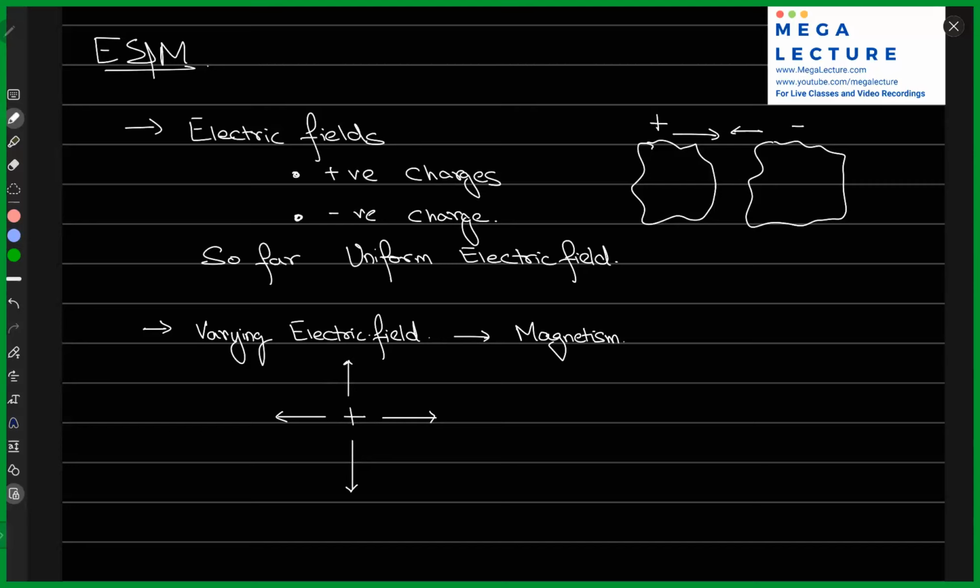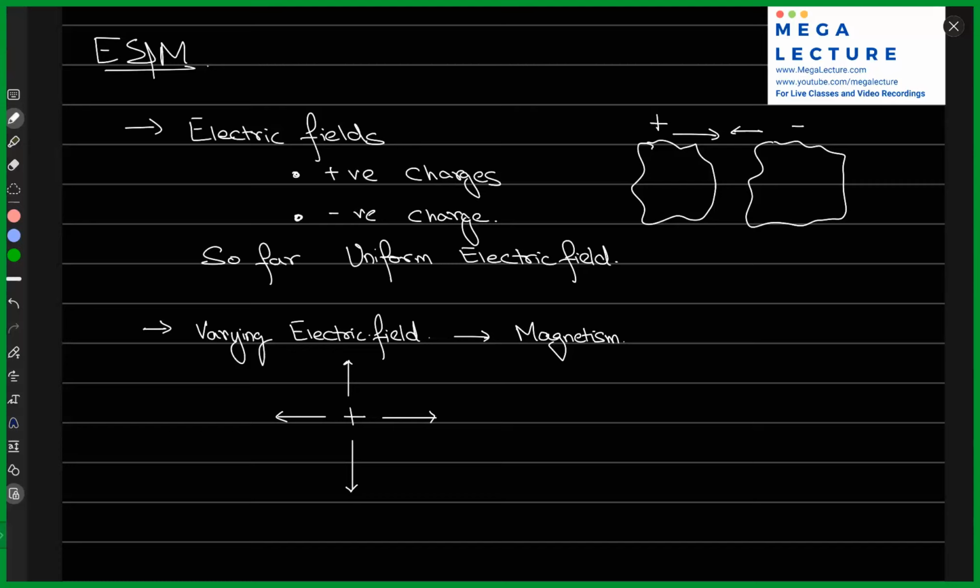Now, suppose this positive charge is just sitting here doing nothing. What is going to happen? Nothing. No interesting physics happens as long as it's an isolated positive charge. It just distributes a positive electric field around it.